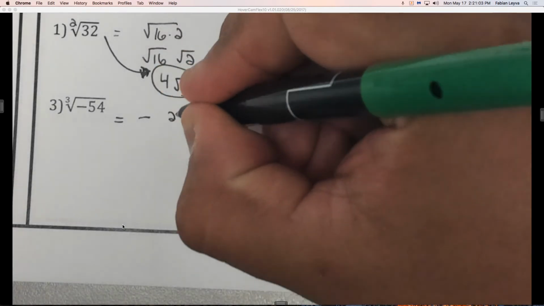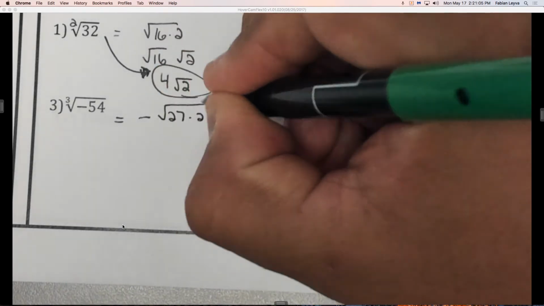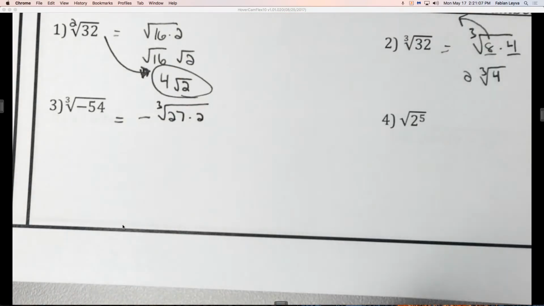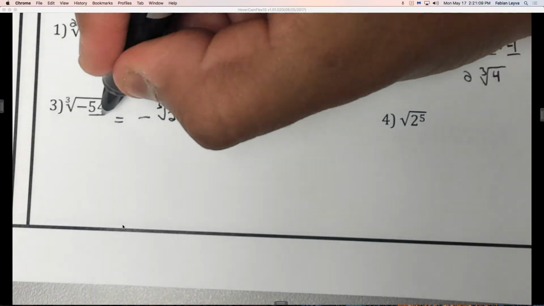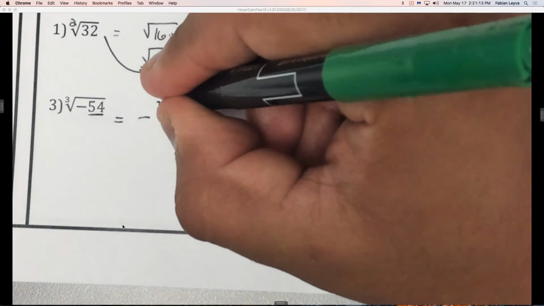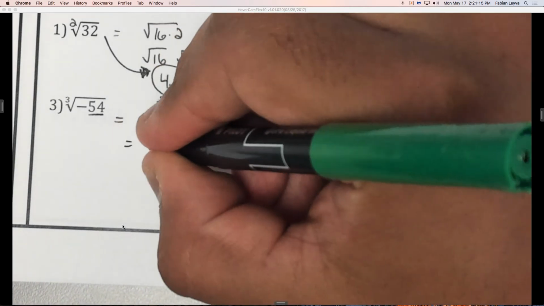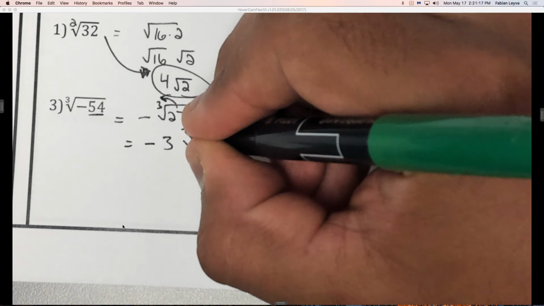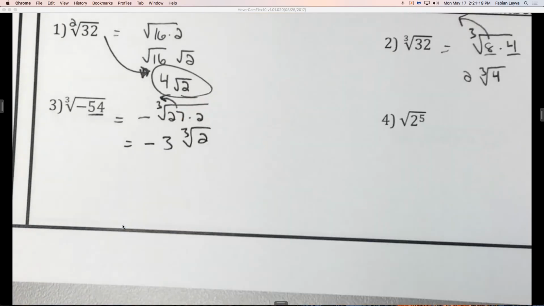Yep, 27 and 2, because 27 times 2 is 54. Don't forget that this is all still underneath the radical. All you really did is rewrite that 54 as 27 times 2. Now, what is the third root of 27? 3. Now, what is the third root of 2? It's some type of decimal. We don't want decimals, we want whole numbers. And that's pretty much about it.